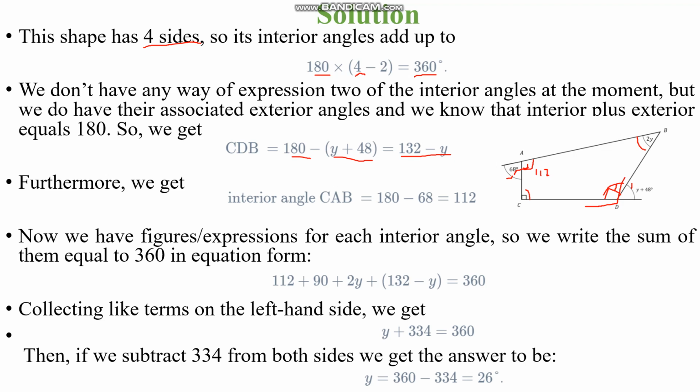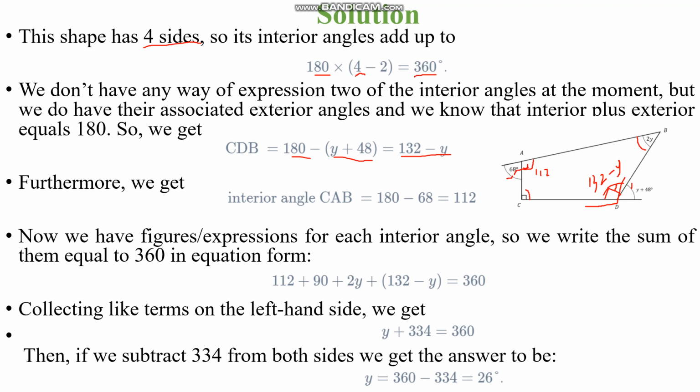So now we have the figures or expressions for each interior angle, right? We found this to be 132 minus y. So we now have the expressions for each angle in our quadrilateral.